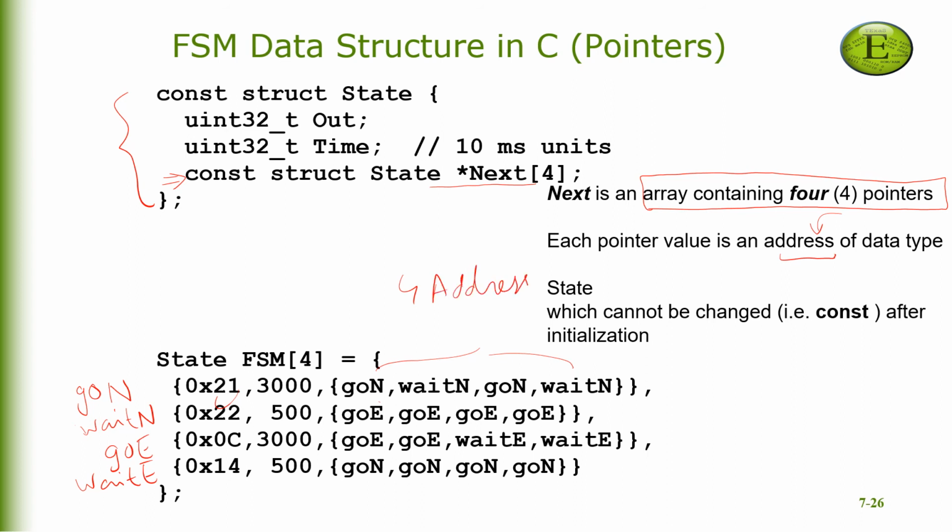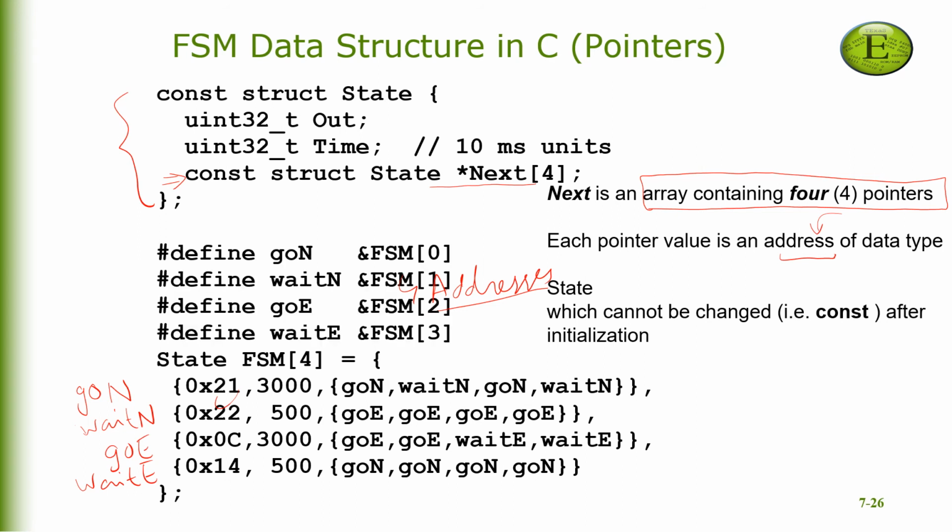So the main difference over here is that goN, wait N, go E, wait E, all of these are now going to be addresses. Therefore, we need to initialize these names or these variables, which are not going to be changed, by the way.